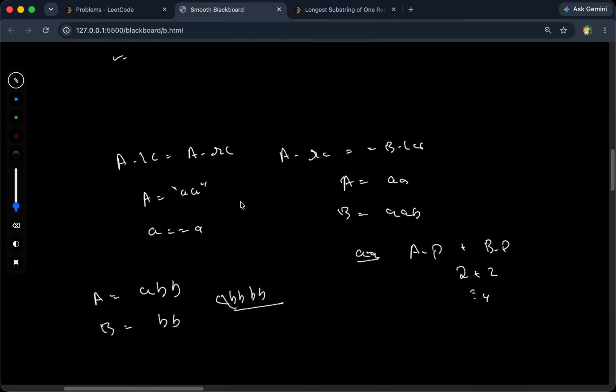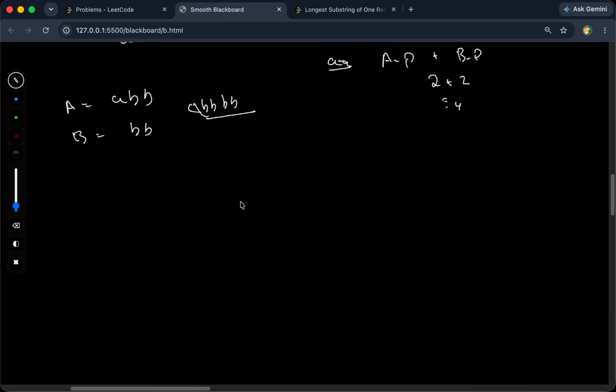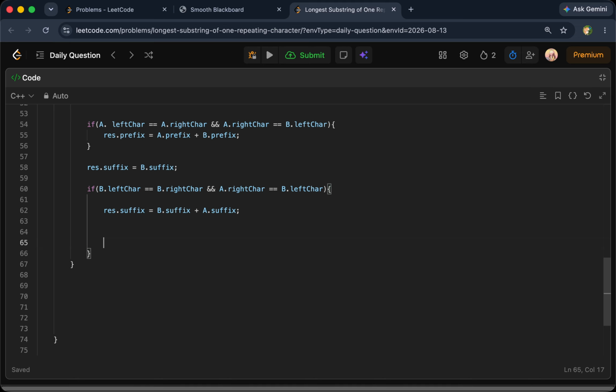See, for the first, the best could already be inside the left, a.best, or inside the right, so b.best. So res.best is equal to max of a.best, then b.best.